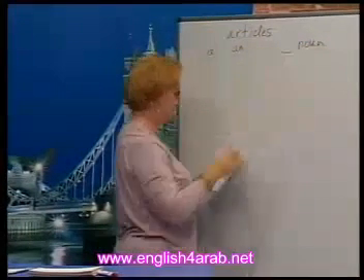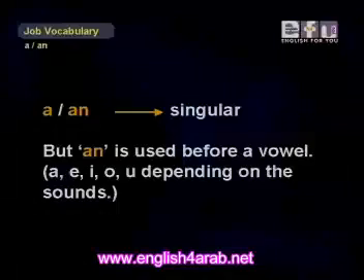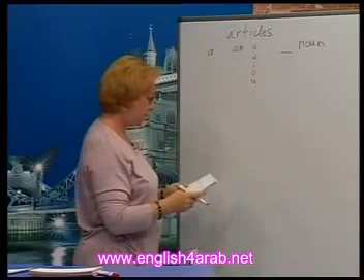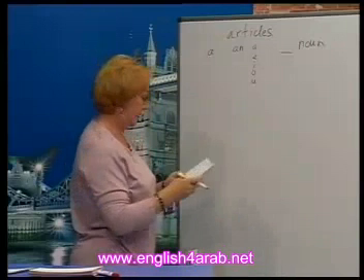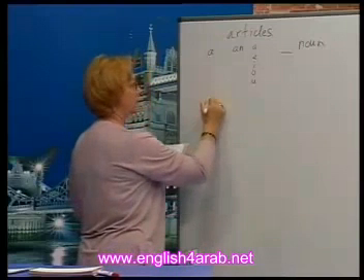A or an. Now, usually a is used before a noun, but an is used before a, e, i, o, u, depending on the sound. Now, we'll look at some examples.